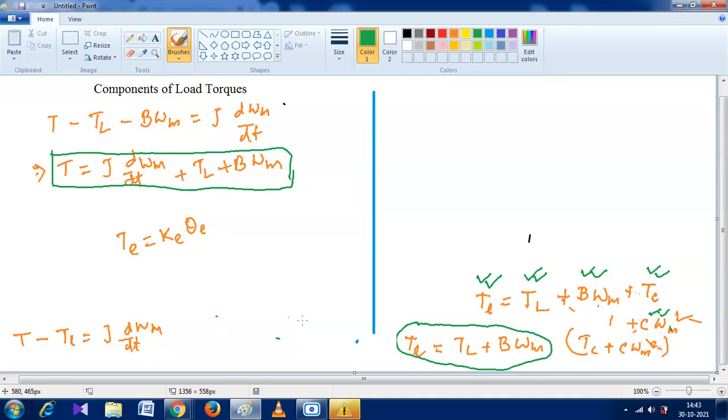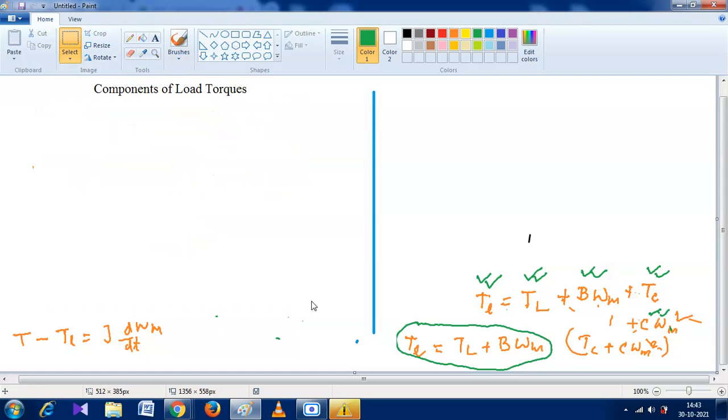Sometimes it is independent of speed. And if we draw some nature, you have to tell what are the examples of this type of torque speed curve.